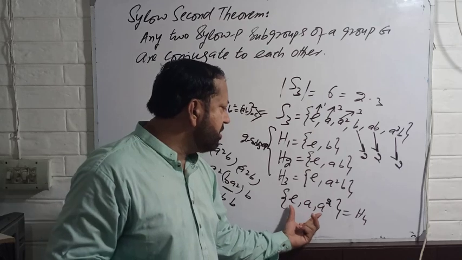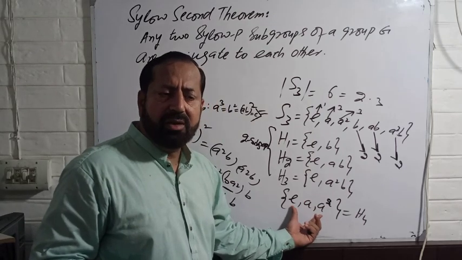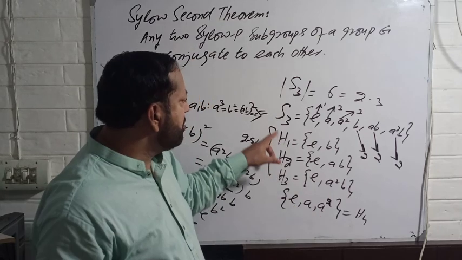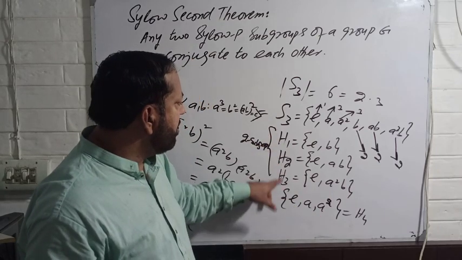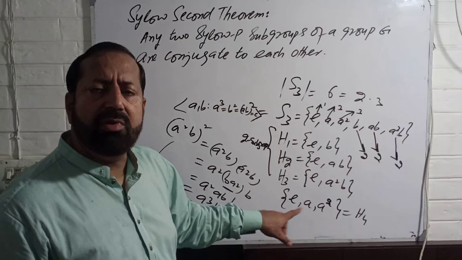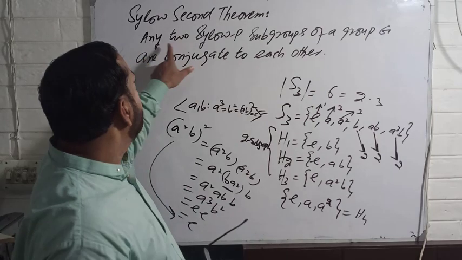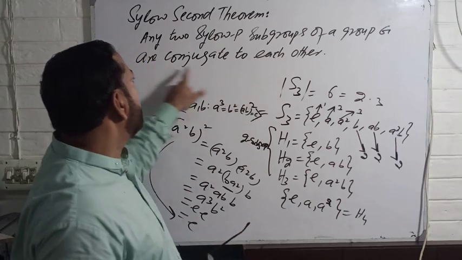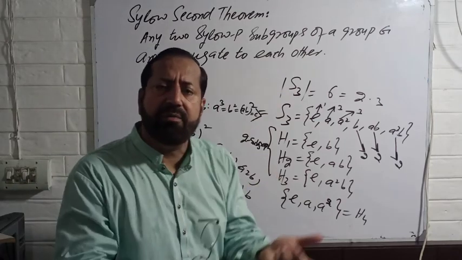But you know that this is the only subgroup which is a 3 subgroup in S3. Now you need to see what the relation between these three is to each other. Any two Sylow P subgroups of a group G are conjugate to each other and isomorphic to each other.